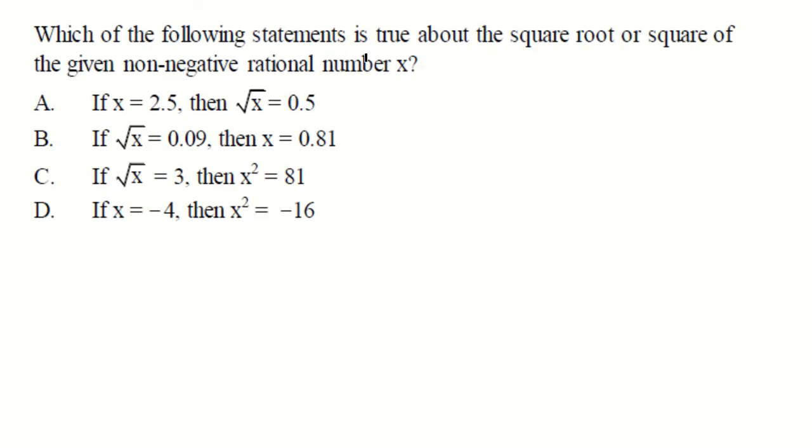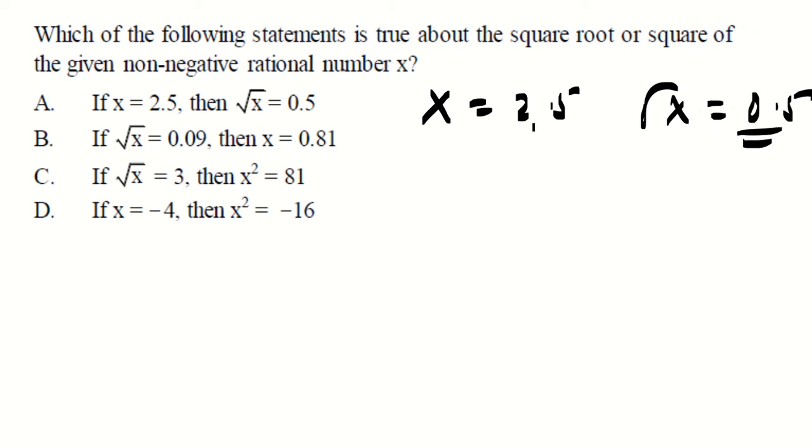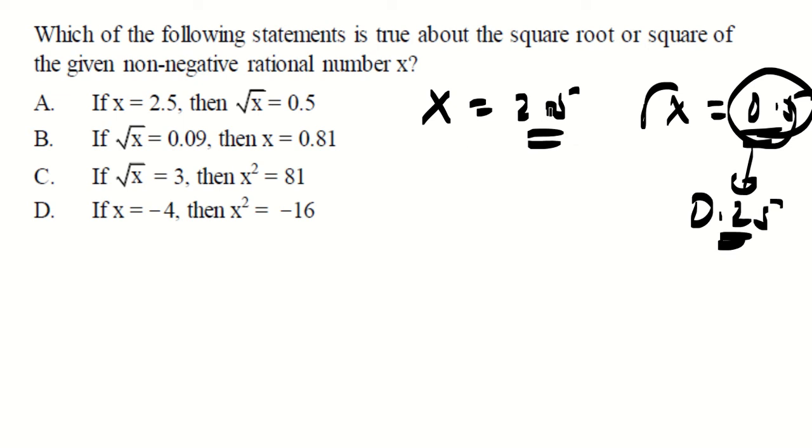Which of the following statements is true about the square root of the non-negative rational number given below? A, x is equal to 2.5, so the square root of x is equal to 0.5. That is wrong, because if you square 0.5, it will be 0.25, not 2.5.